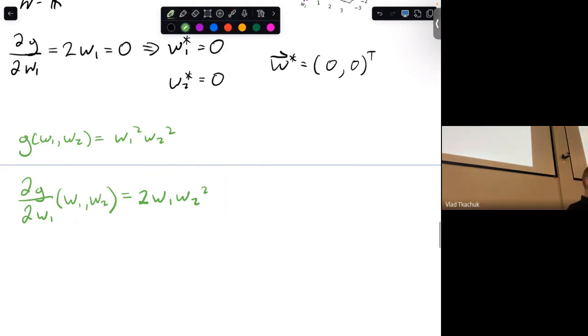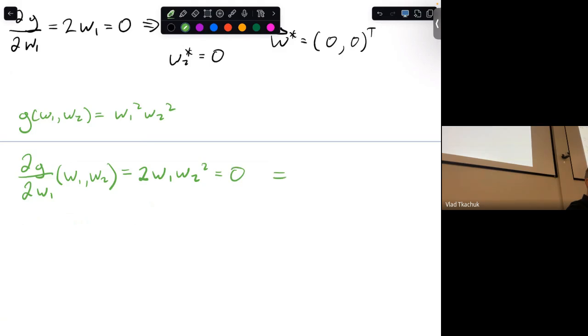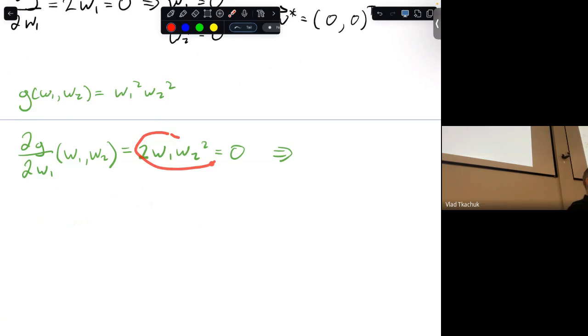Okay, so now let's go ahead. We need to set this to 0. That's going to tell me that, well, I don't know, because now I need to set W1 and W2. Okay, well, this maybe is not that interesting because it still tells you that W1 is going to have to be 0, I guess. But you can see that in general, you're going to get, okay, so this is the first equation.